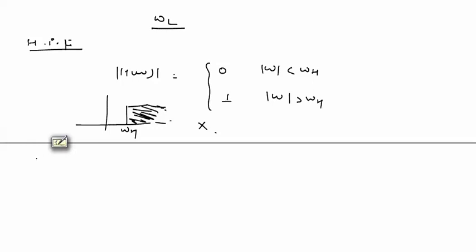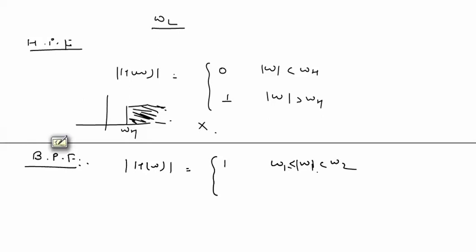Next, the ideal band pass filter, and then the band reject filter. H(omega) is 1 for a particular frequency range, otherwise 0. This is called a band pass filter.